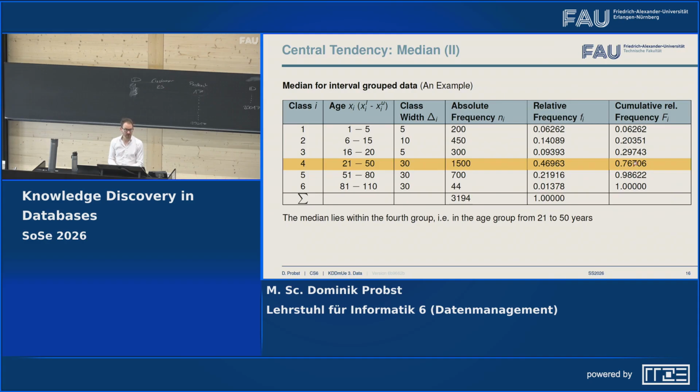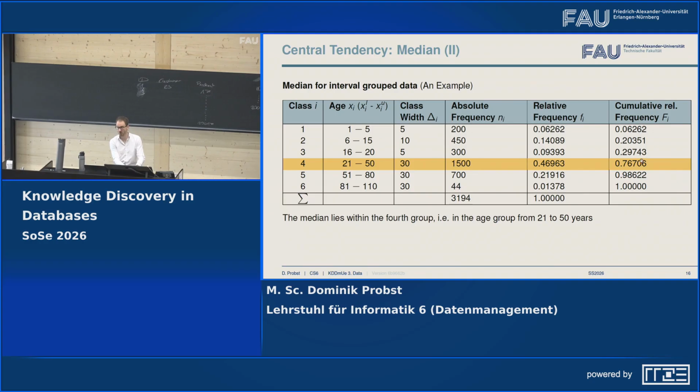Below 50, we have 76.7% of people. And now we are at a point where we know that the median has to be in class 4, because we have for the first time surpassed the 50% range. Once we for the first time surpass the cumulative frequency of 50%, we know that in this class we are in the median group. Is that logical? I hope so.